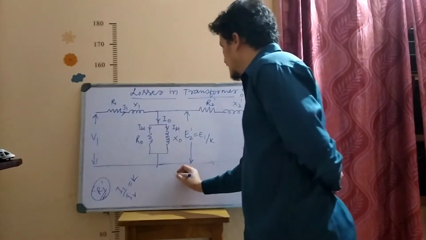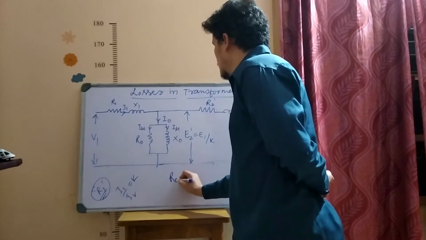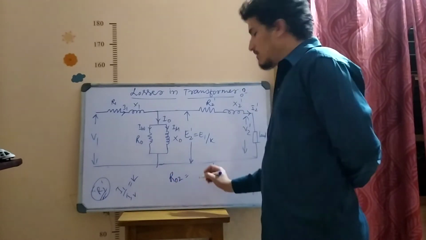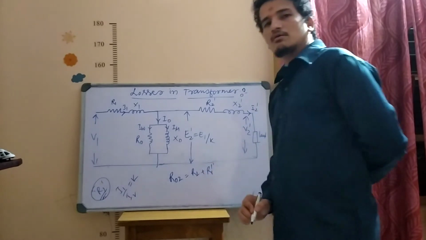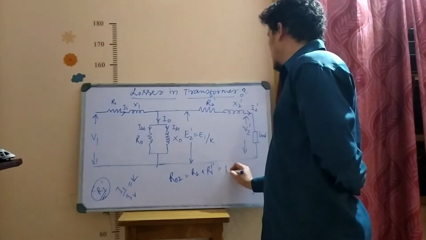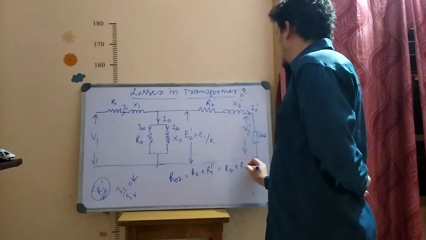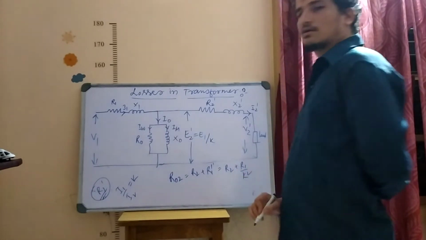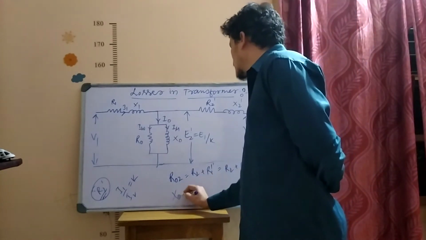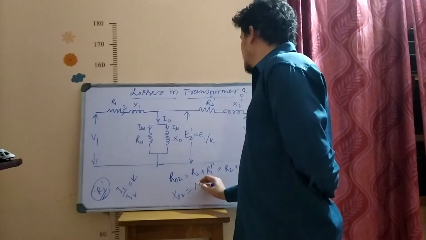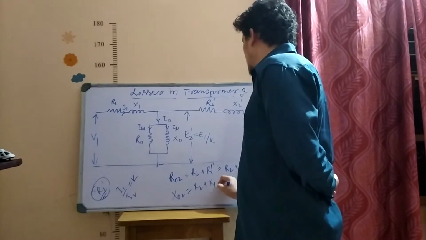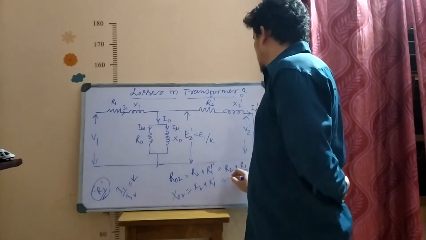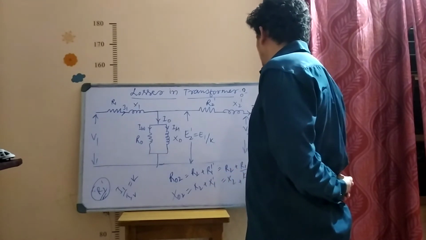That is how I can write R02 must be equal to R2 plus R1 dash, that is R2 plus R1 divided by K square. Similarly, X02 must be equal to X2 plus X1 dash, which is X2 plus X1 divided by K square.